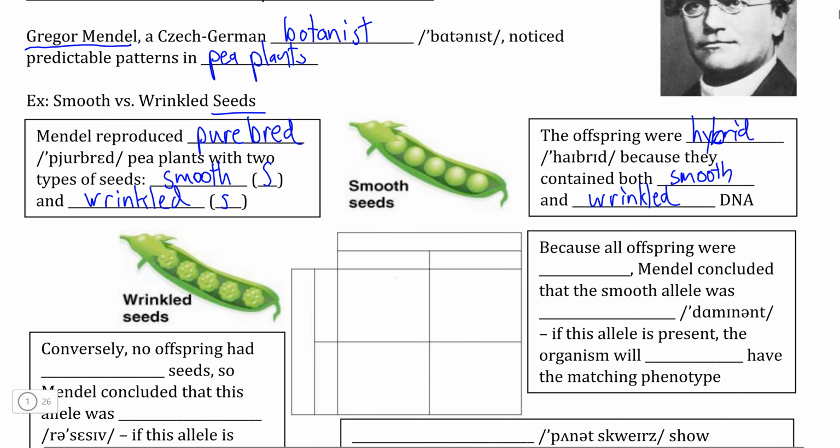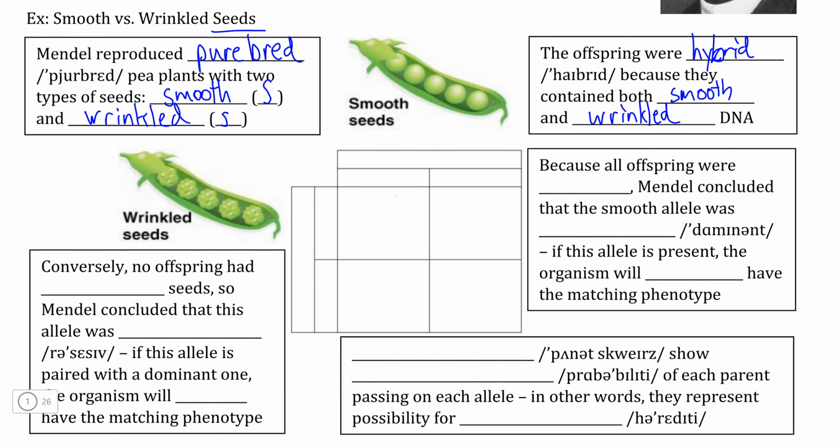And what Mendel observed is something rather interesting. He observed that even though the parent plants had completely different visible phenotypes, all offspring that were produced from these two pure plants actually had smooth seeds.